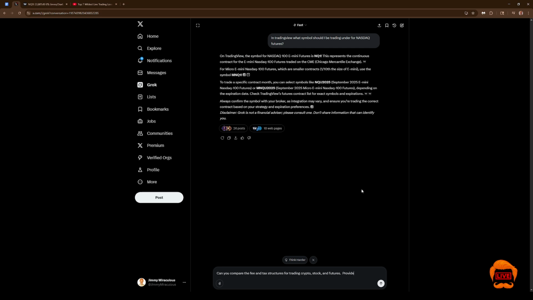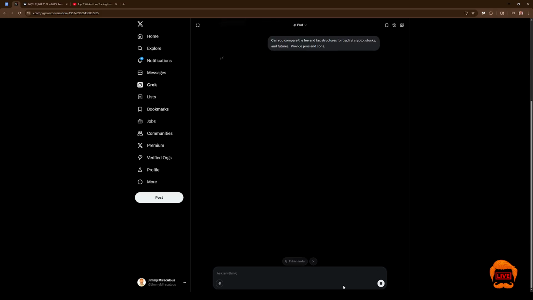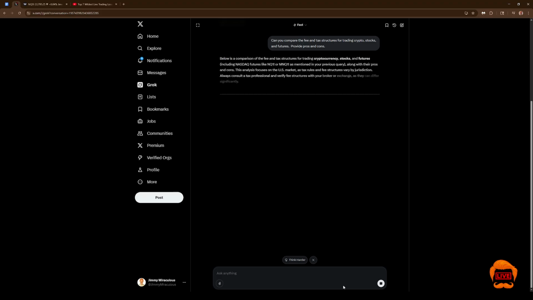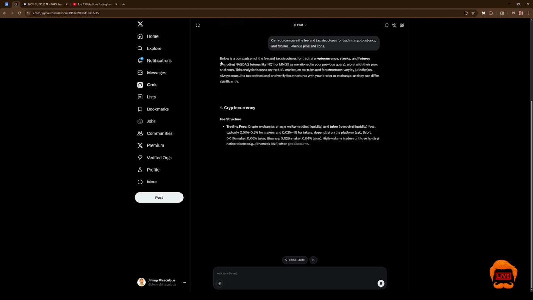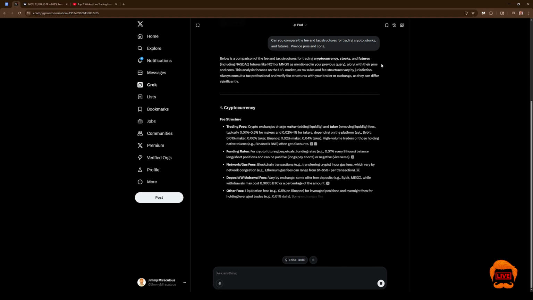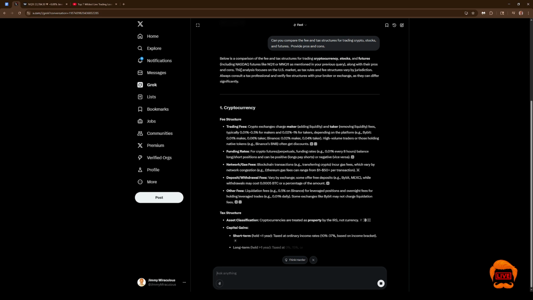Can you compare the fee and tax structures for trading crypto, stocks, and futures? Provide pros and cons, including NASDAQ futures in your previous query, along with their pros and cons.